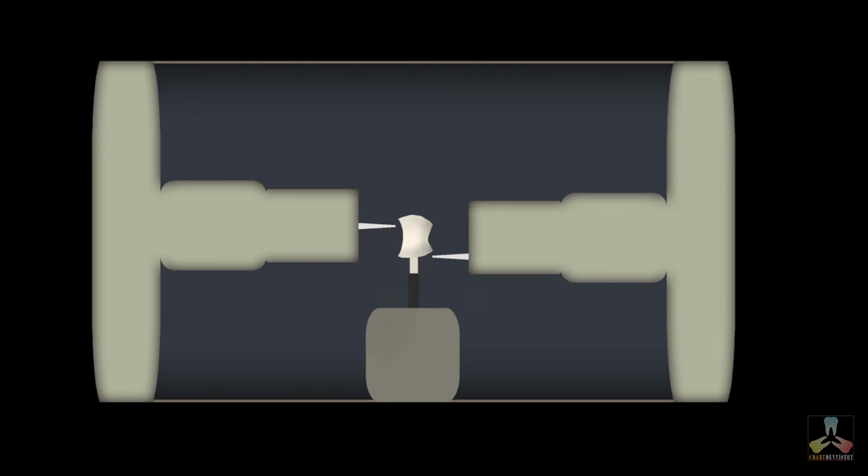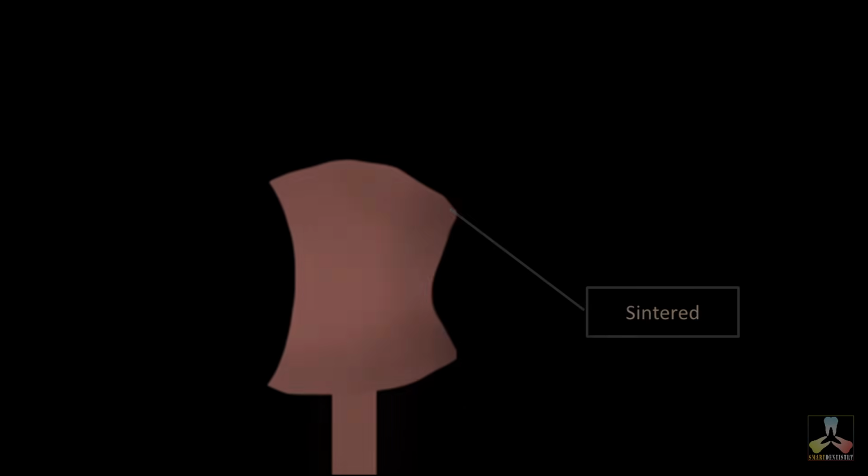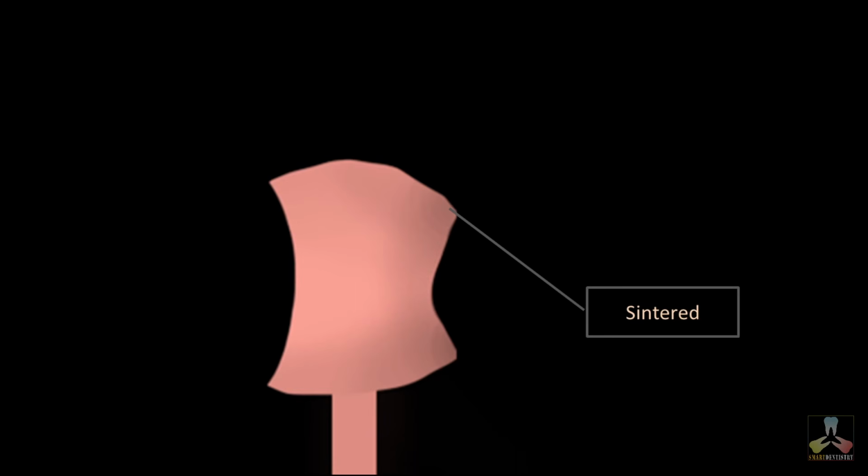If it is a fully sintered ceramic block, then it does not require sintering. If it is a green state or a partially sintered ceramic block, then sintering should be done in a ceramic furnace. After sintering, final staining and shade matching is done, and the restoration will be ready to be cemented.